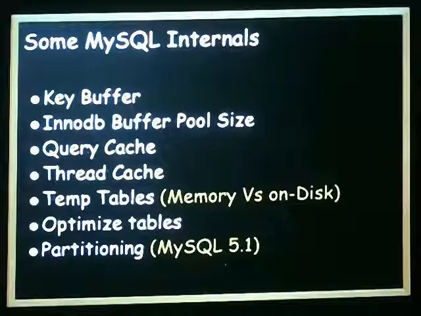There are two variables, and it's not written on the slide, I apologize: max heap table size, where heap and memory are the same thing. When you create a new table, heap and memory are the same. In MySQL 4 it's heap, in MySQL 5 you see heap / memory. And tmp table size also. The higher they are, the more you avoid writing temporary tables on the disk.